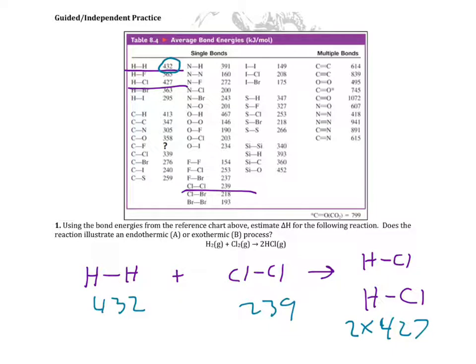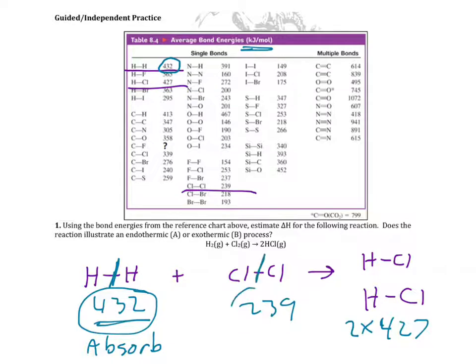And so when we take a look at this situation where the H-H bond is 432, because we know that this bond is breaking, that means that it is absorbing 432 kilojoules of energy per mole. And we know the units by looking there. And so when this bond breaks, it's absorbing this.